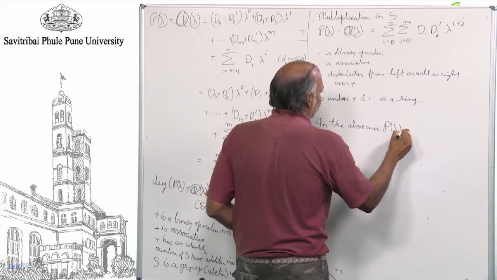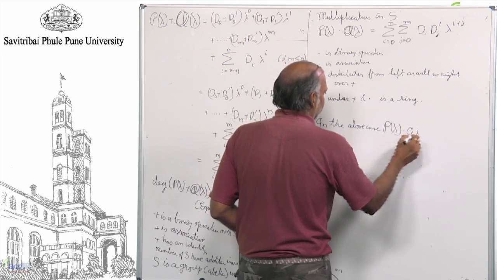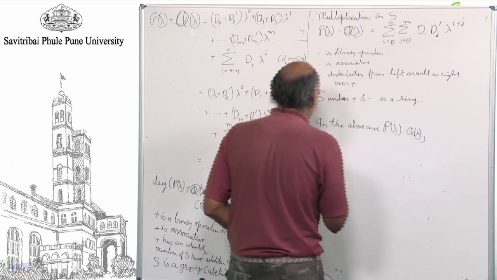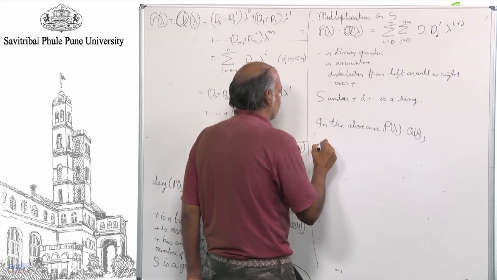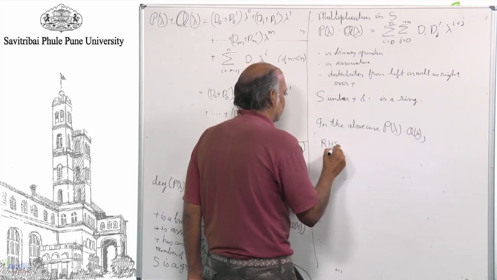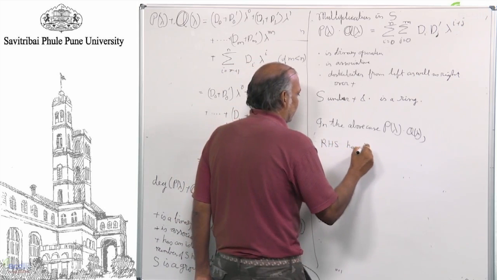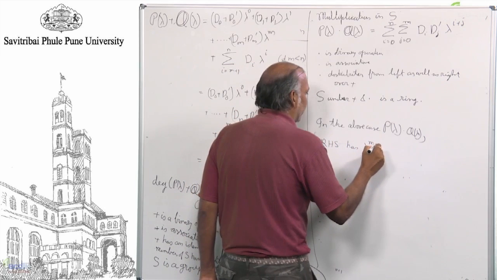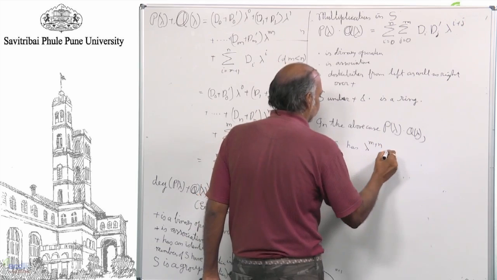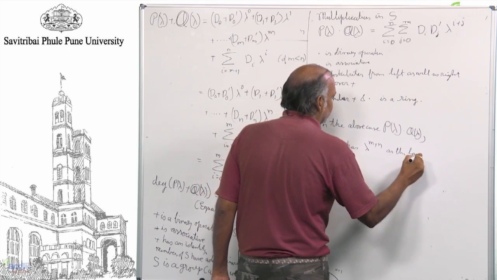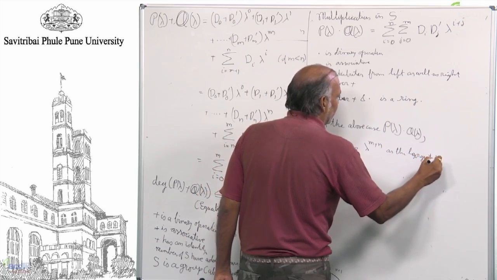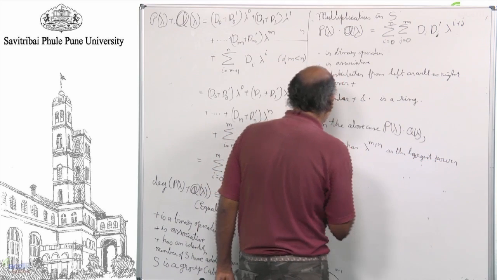P of lambda into Q of lambda, on the RHS has lambda to the power m plus n, or n plus m, as the largest power displayed.